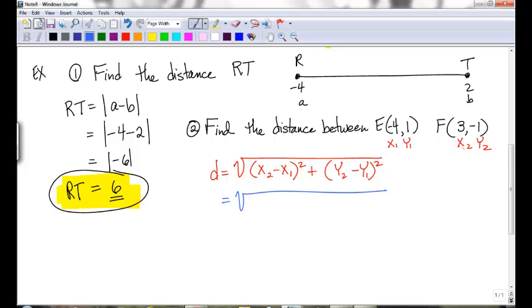My x sub 2 is 3 minus my x sub 1 is negative 4, quantity squared, plus my y sub 2 is negative 1 minus my y sub 1 is 1. Now you simplify. What's minus a negative? Same thing as a positive. So that's like 3 plus 4 would be 7 squared. Negative 1 minus 1.